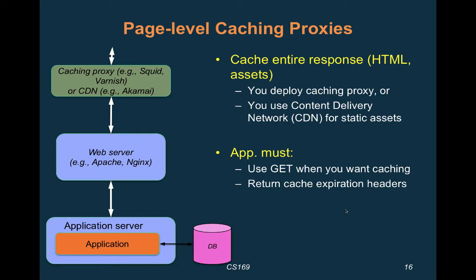Some form of caching, but it's a little bit different. Do you remember when I said that Microsoft, when they release software patches or new releases, they don't want everybody to come to their web servers to get it, and they contract with this company called Akamai, and there are other names.